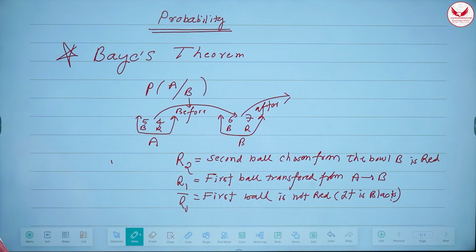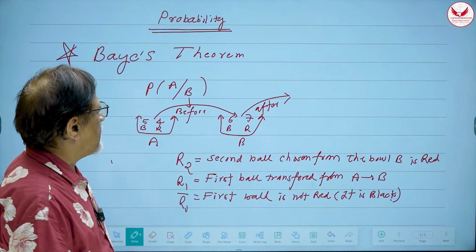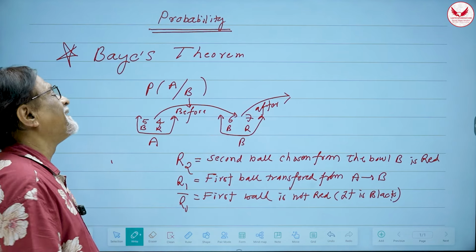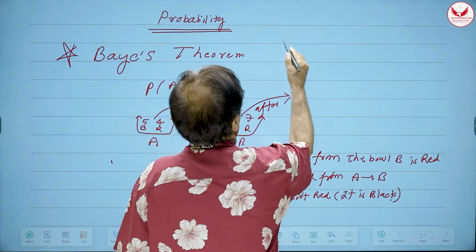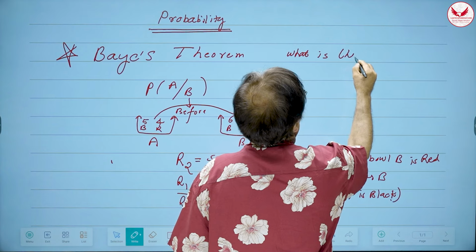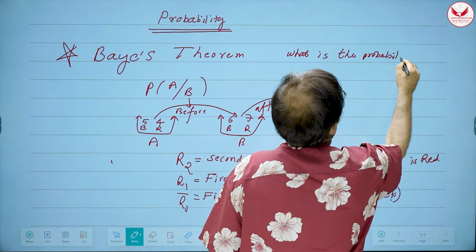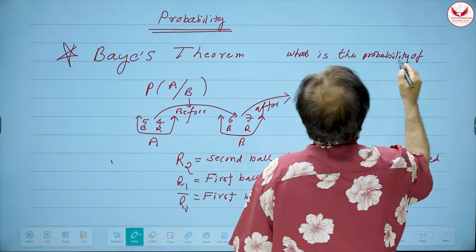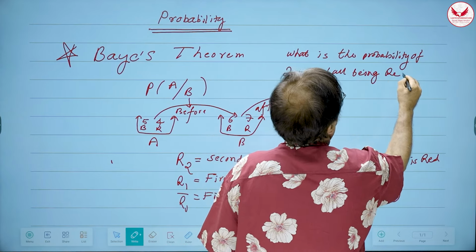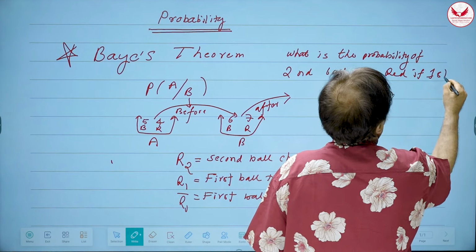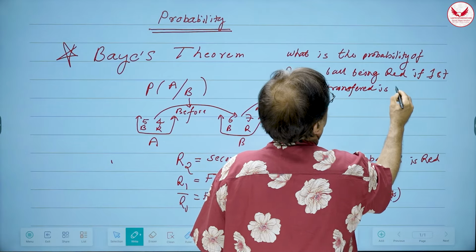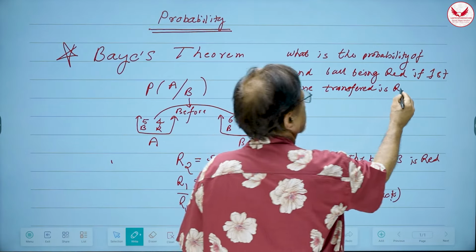Now if I ask you a question like this: what is the probability that the second ball is red, provided the first ball transferred was red? I'll write the question here. What is the probability of the second ball being red if the first one transferred is red?